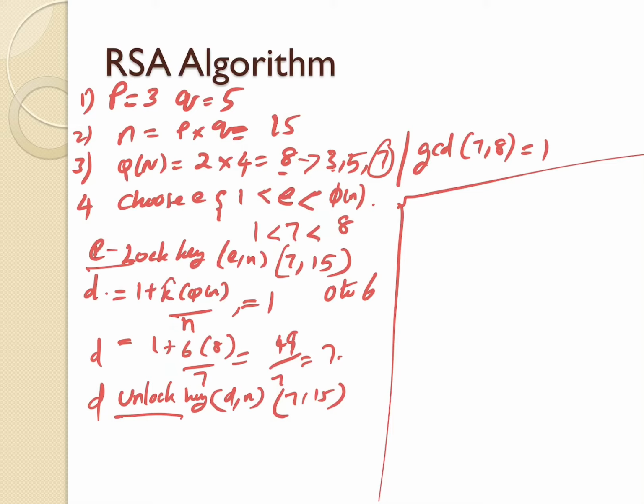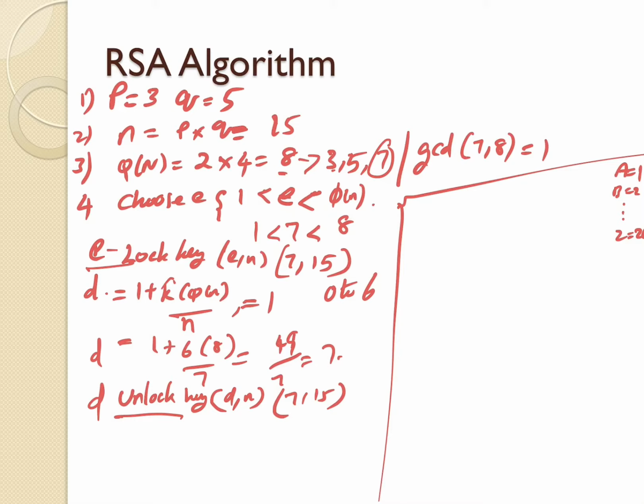I'm choosing a letter B. We assign values in alphabetic order, a is equal to 1, b is equal to 2, until z is equal to 26.